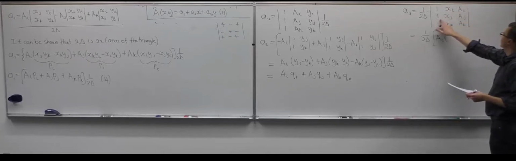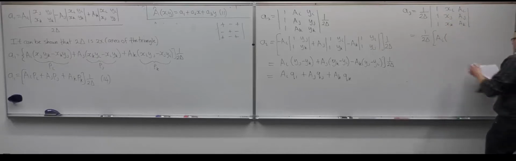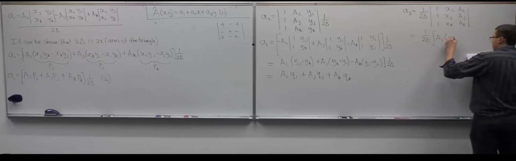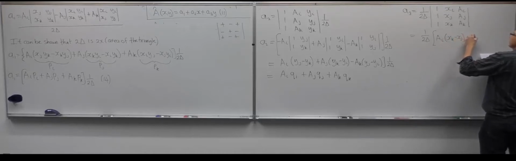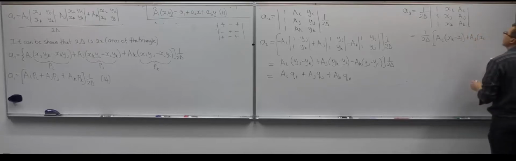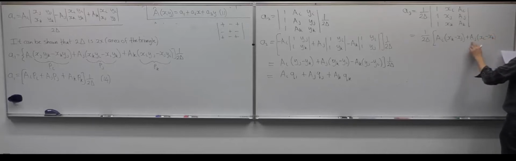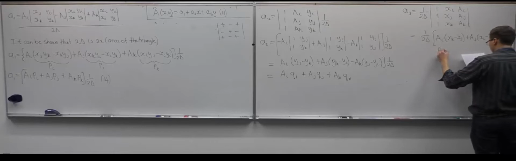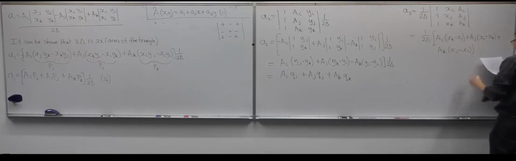That will give us a_i times x_k minus x_j, plus a_j times x_i minus x_k, and I've changed the sign here, plus a_k times x_j minus x_i.